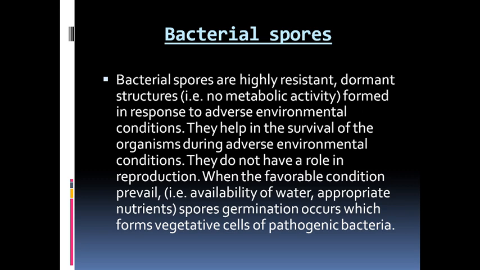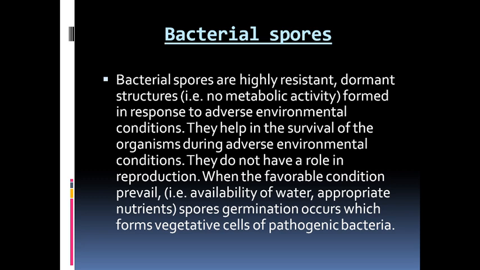See, the bacterial spores are formed when adverse environmental conditions happen to the bacteria. At that time, the bacterial spores will be formed. They help in the survival of the organism during adverse environmental conditions.